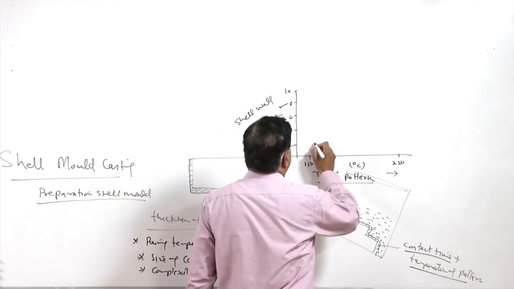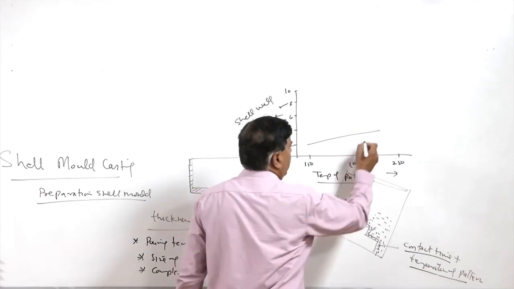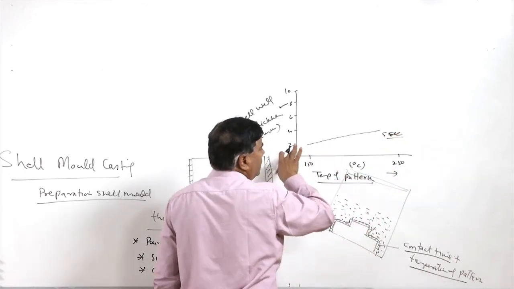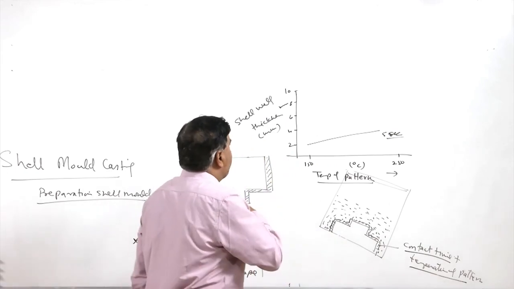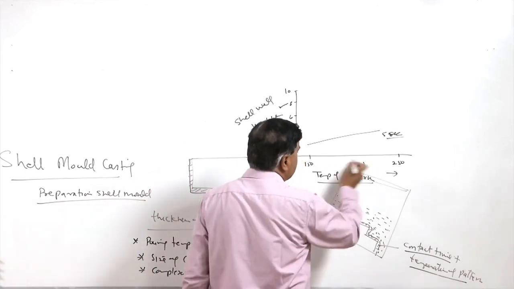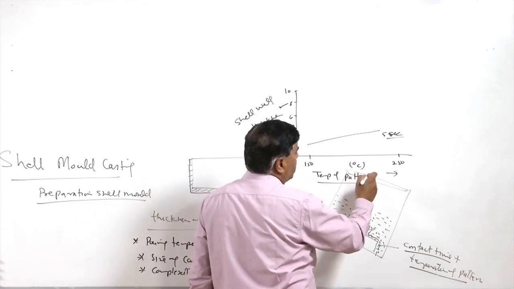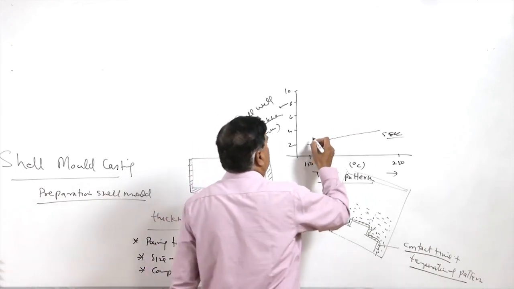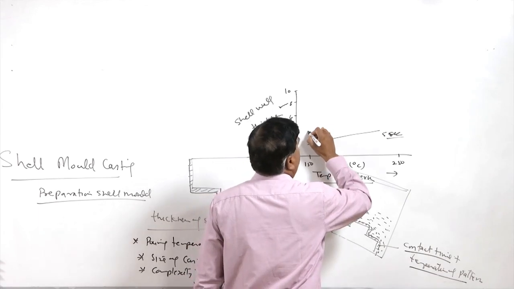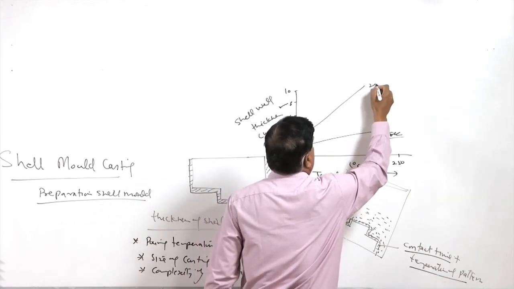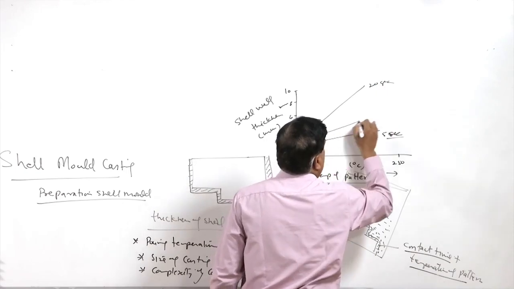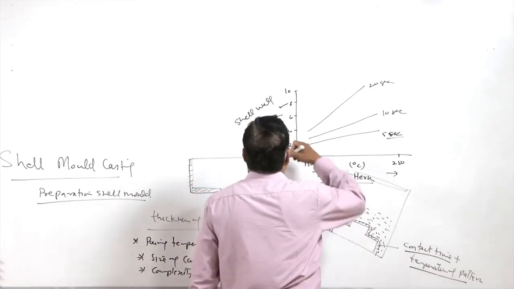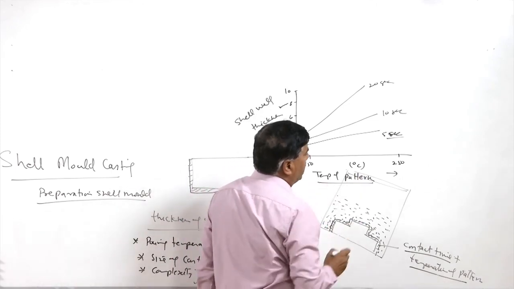So, this is what we will see, that when the contact time is 5 seconds, then for the rate of increase in the shell thickness with the change of temperature, there is one definite trend, that increase in temperature of the pattern increases the shell wall thickness, and we will see that when the time is like this, 20 seconds, or time is like this, 10 seconds, there is an increase in the shell thickness with the increase in the pattern temperature.